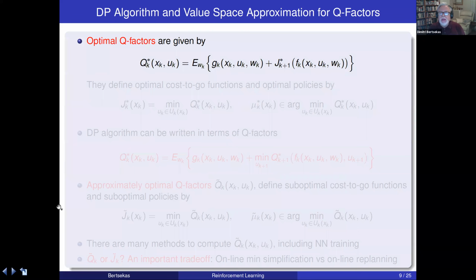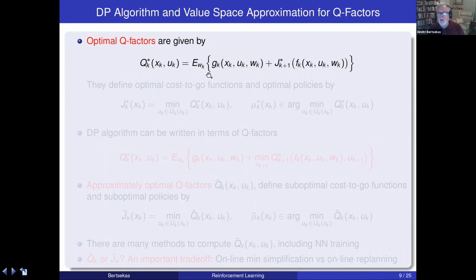Okay, now let me say a few things about Q factors. You may have heard of Q factors or Q learning. It's an important concept in approximate dynamic programming. The optimal Q factor at stage k at a given state and control pair is this expression here. It is the quantity that's minimized in the right-hand side of the dynamic programming equation, okay?